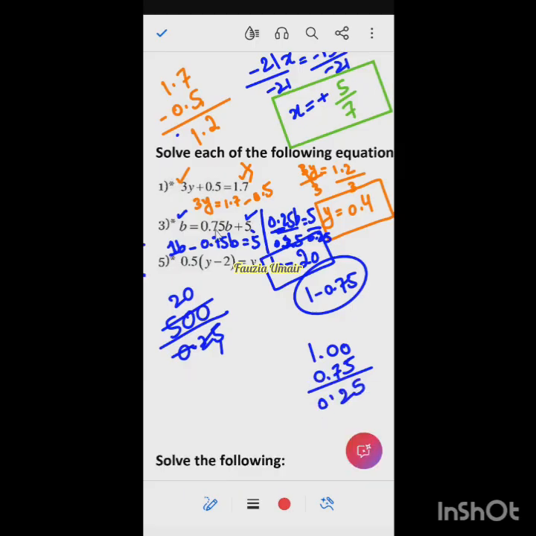0.5. This is the last part. 0.5 y minus 2. What would be the first step? Open the bracket. Yeah, expand it. 0.5 इन दोनों से multiply हो रहा है, तो we need to multiply it. How to expand? क्या आंसर आएगा? ठीक है, 0.5y minus what is 0.5 multiplied by 2?